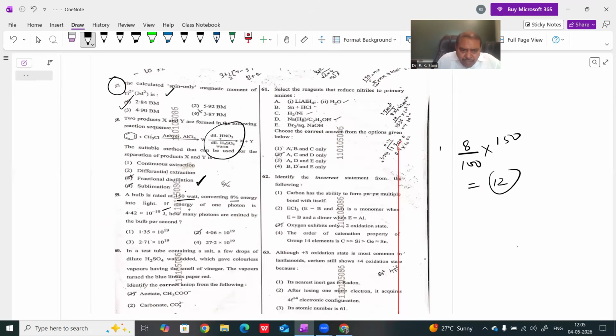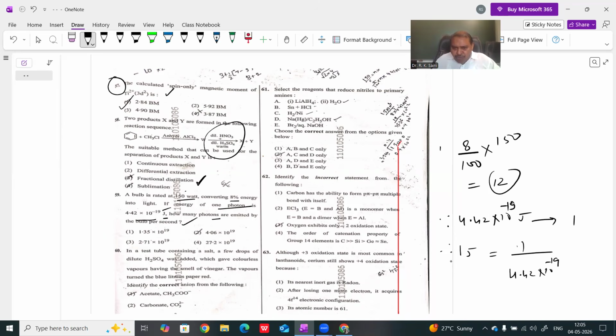If the energy of one photon is 4.42 × 10^-19 joule, then how many photons are emitted by the bulb? We know the energy of one photon is 4.42 × 10^-19 joule. If the energy emitted by the bulb is 1 joule, then the number of photons is 1 upon 4.42 × 10^-19.